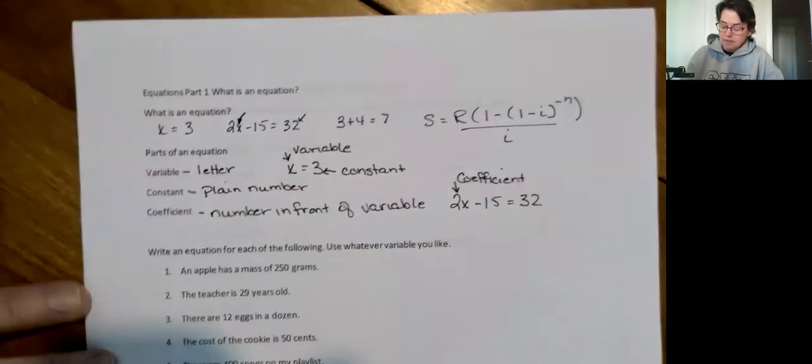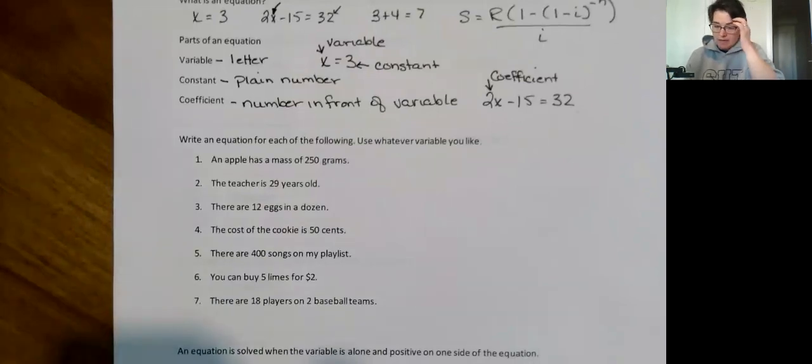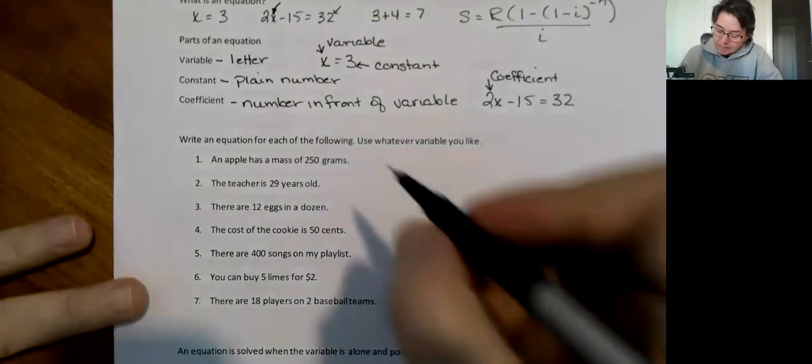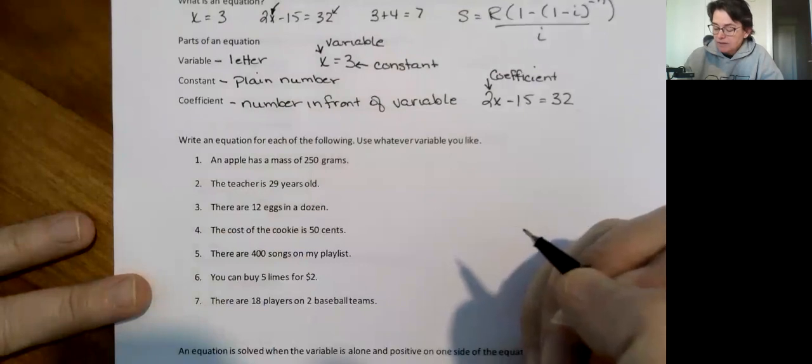All right, so the next thing we're going to do is write a series of equations. What I want you to do is I'll do a couple, and then I'd like you to actually stop the video, do the rest on your own, and then take a look and see that yours match mine. So an apple has a mass of 250 grams.